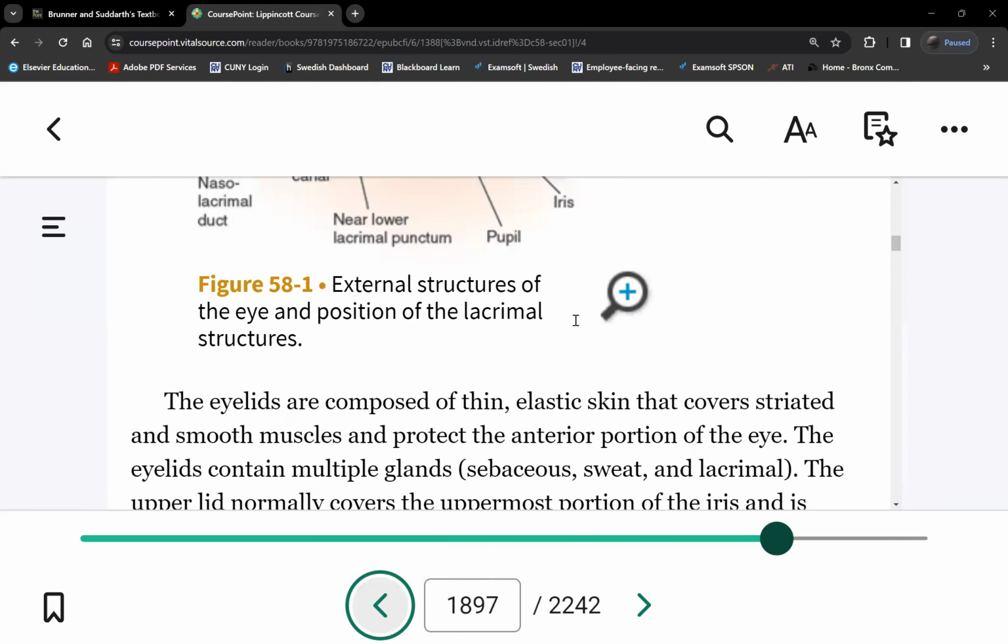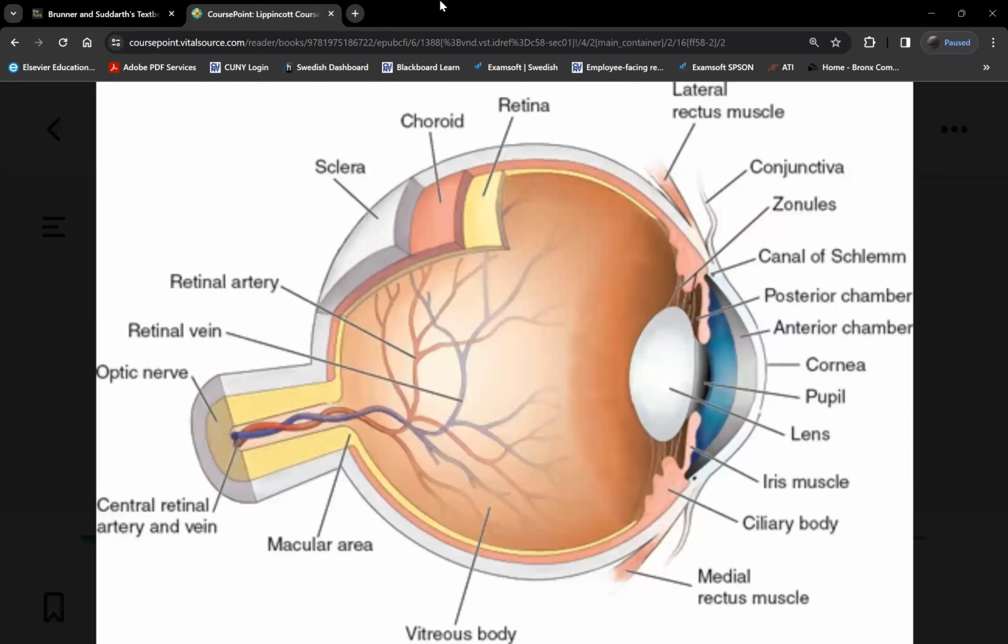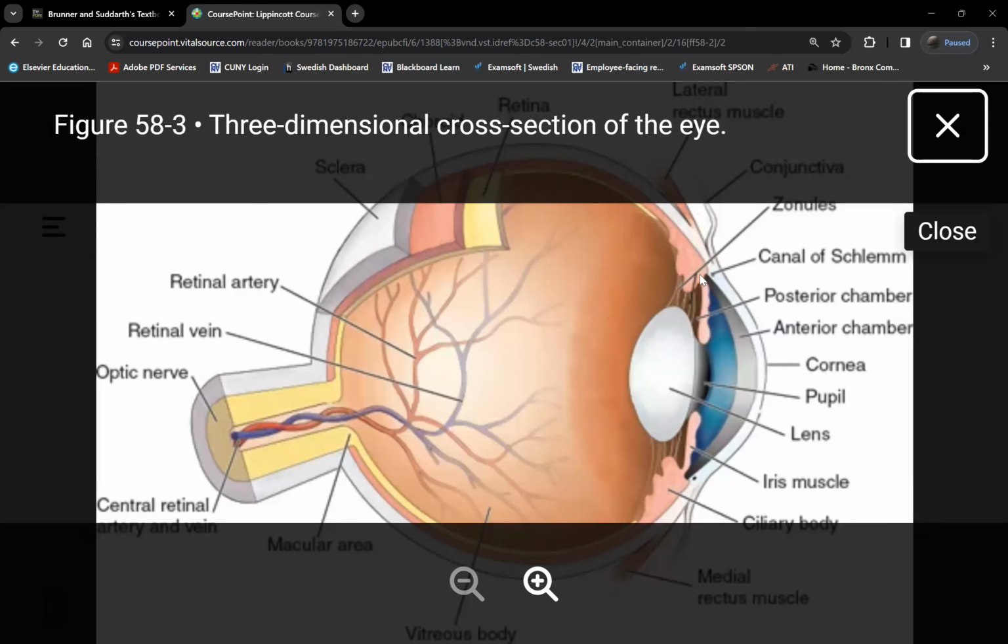When they say angle, it's really referring to these right here. So you see the canal of Schlemm, the ciliary body. You see these structures here. This is where aqueous humor drains and comes out down to the lacrimal duct.